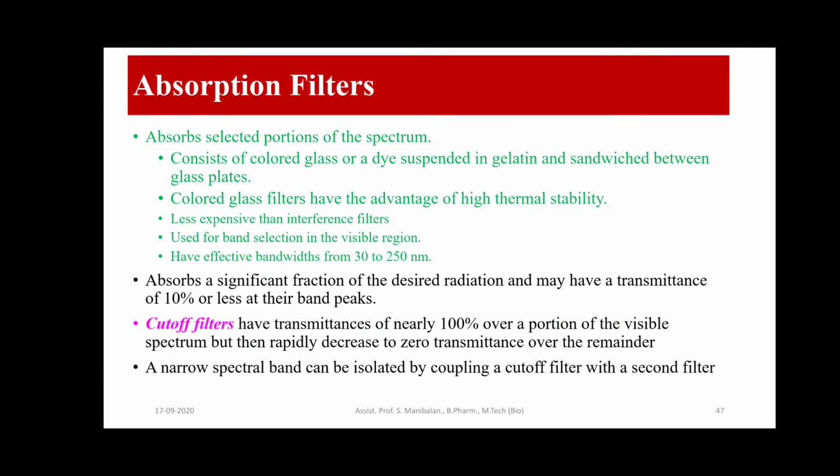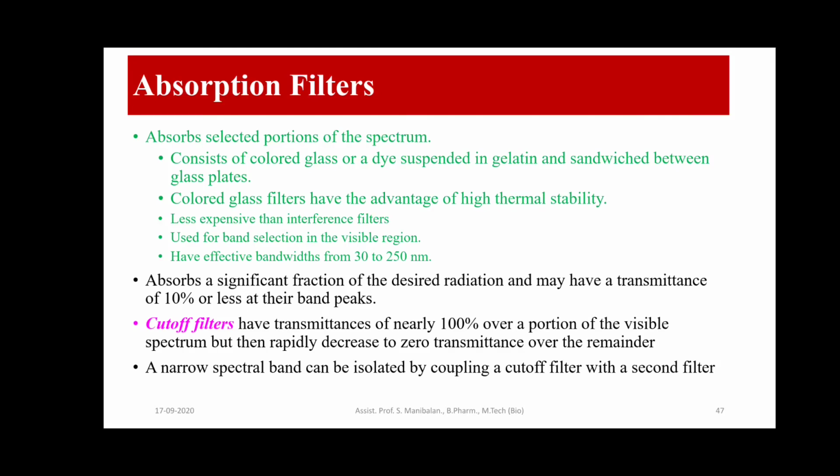Absorption filters. I already told you it is going to absorb a particular light and transmit a particular wavelength. Okay, they absorb selected portions of the spectrum. They consist of colored glass, that is the classical one. Colored glass is dye suspended in gelatin. Gelatin is also a transparent material, we mostly use it for plates, right?